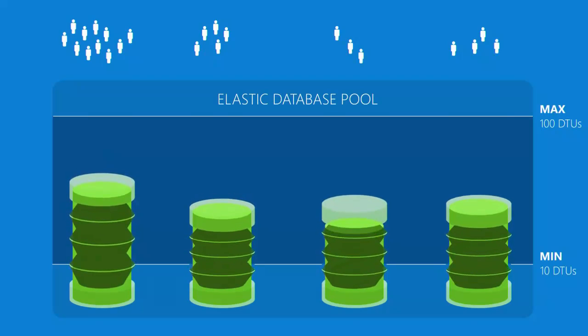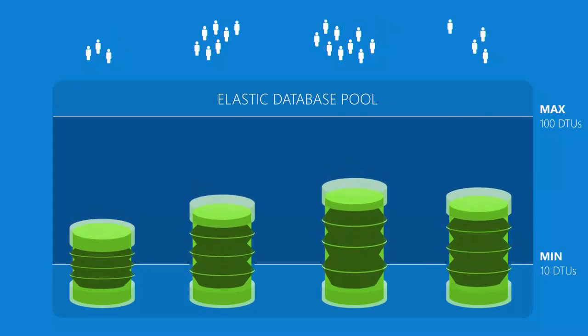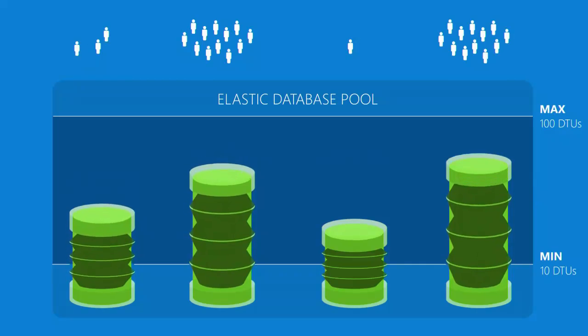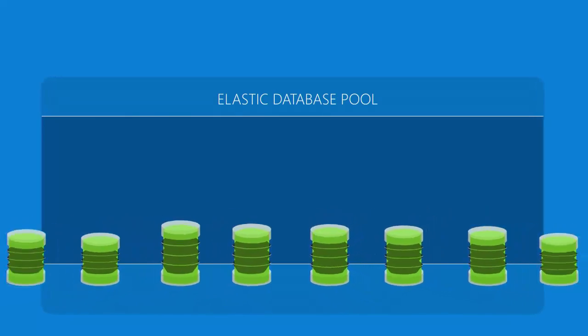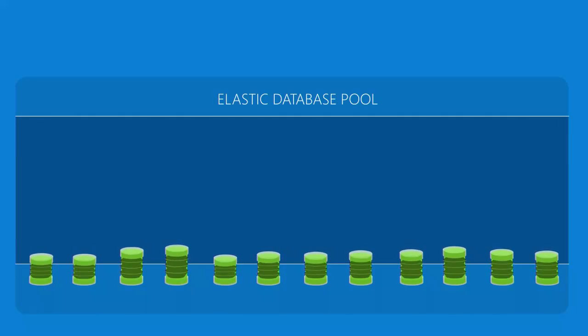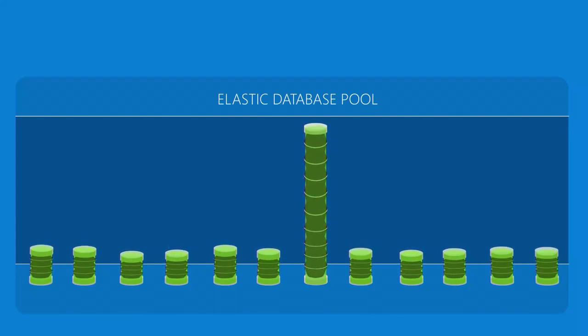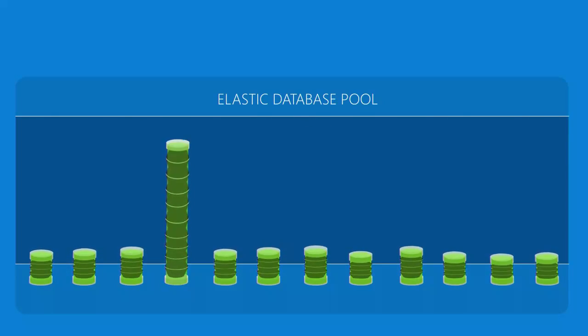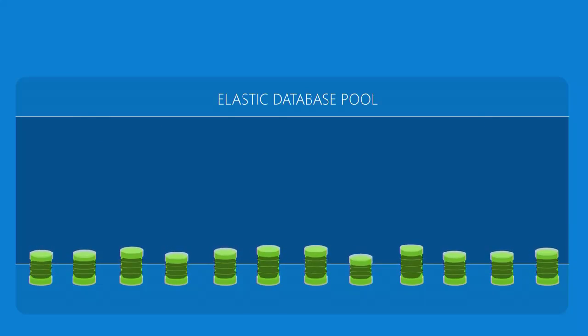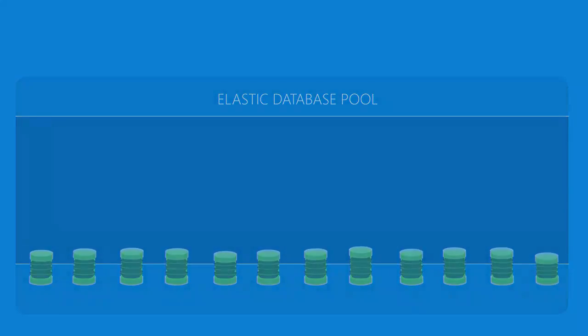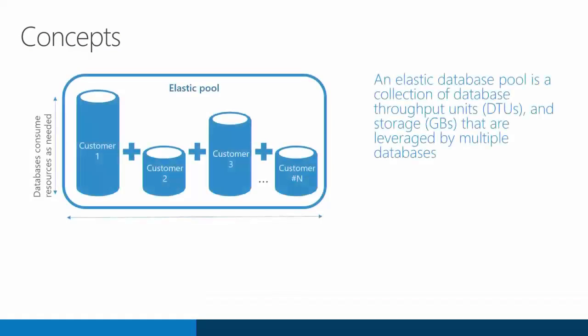As long as your aggregate usage is still below your total pool size, everyone's happy. And the more databases you have, the more elastic each individual database can be. In this case, with about a dozen databases, they can each individually grab from that pool.